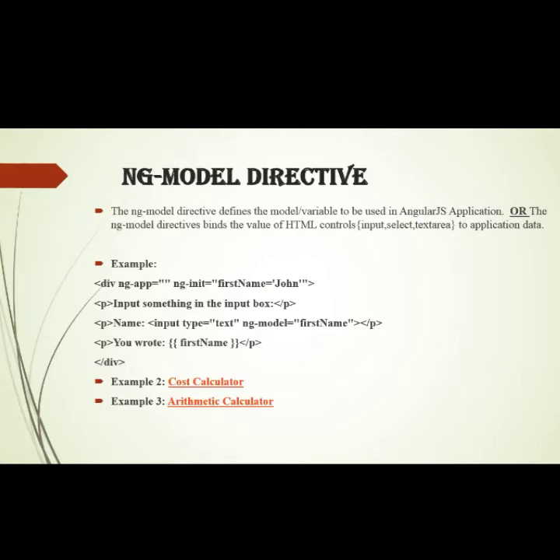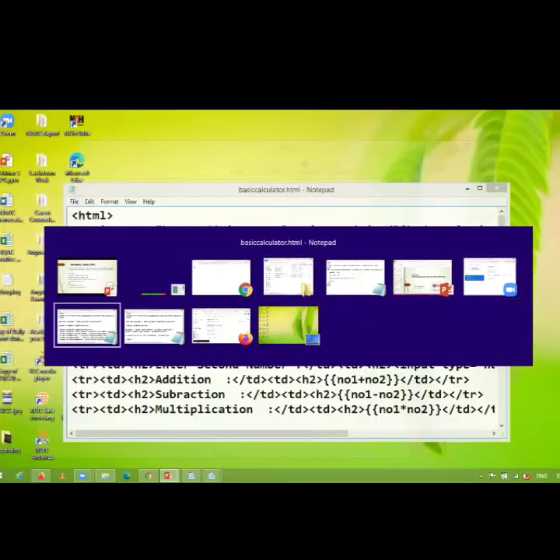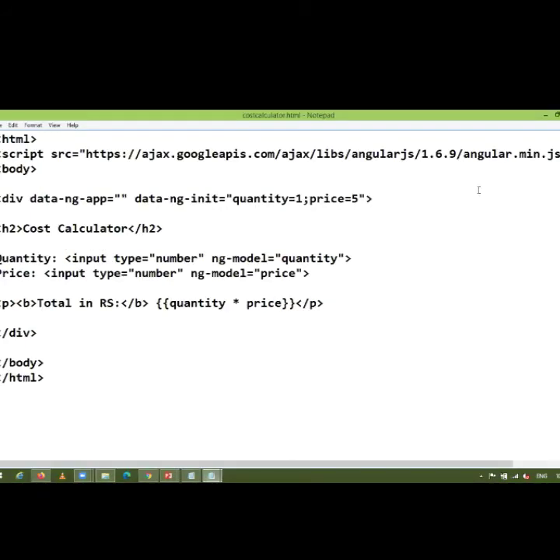Let us take one more example of cost calculator. There we are using two variables, quantity and price. Here you can see I'm using two input controls of type number and two ng-model directives with those input tags, ng-model quantity and price.